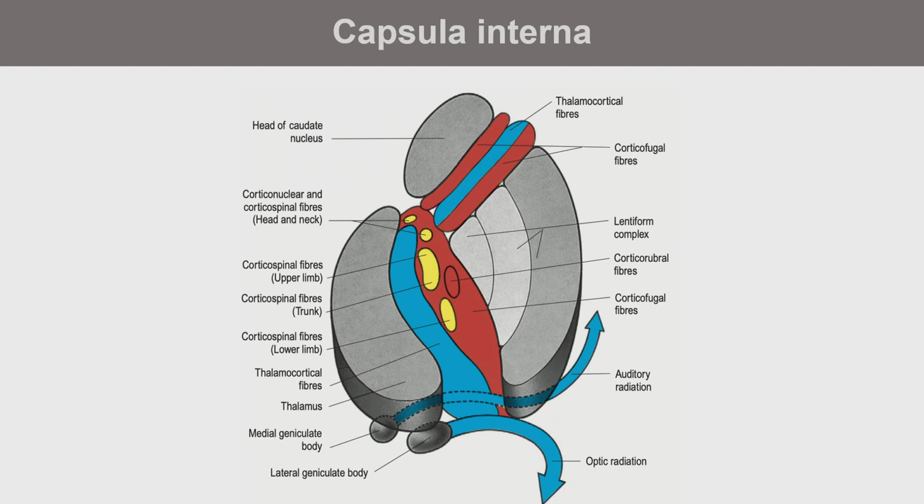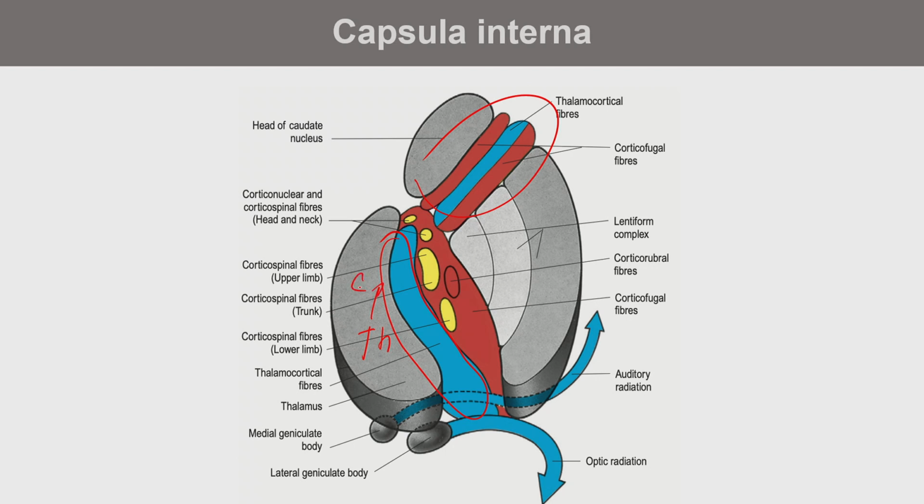So anterior limb has in the middle the ascending and descending, like in a sandwich, side by side with this. Medial part of the dorsal limb is also communication between thalamus and a cortex.